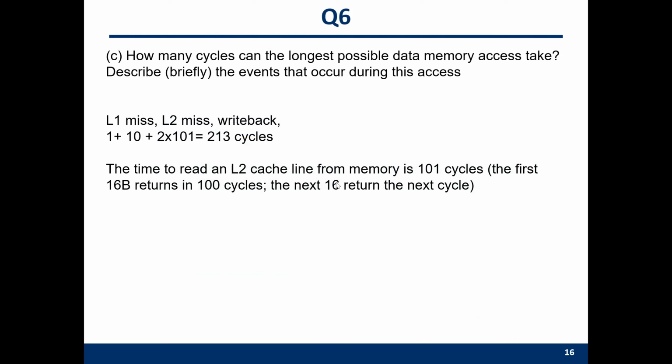So the longest data memory access will be something like this: you have L1 in the data cache, and then you have a miss in the L1, a miss in the L2, and then you also need to do the write back.